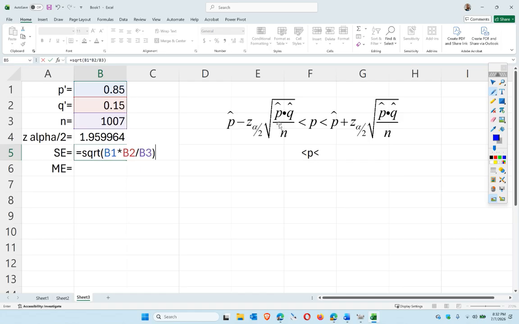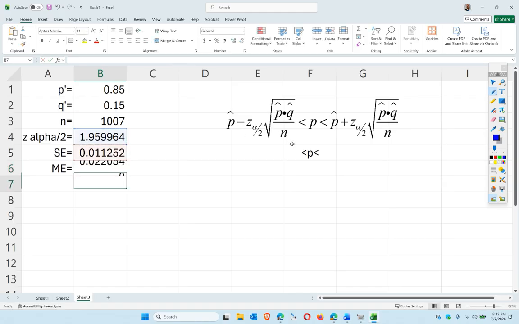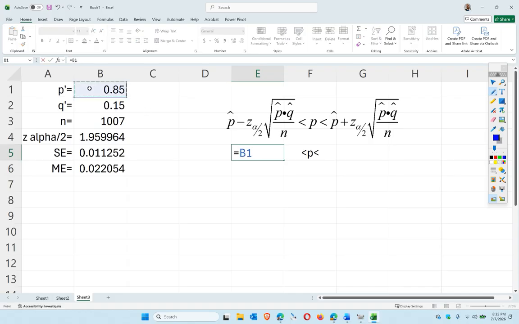From the central limit theorem chapters, right? And then the margin of error is the z value times the standard error, which is that whole part there, correct? So the confidence interval is the sample estimate minus the margin of error, or the sample estimate plus the margin of error.